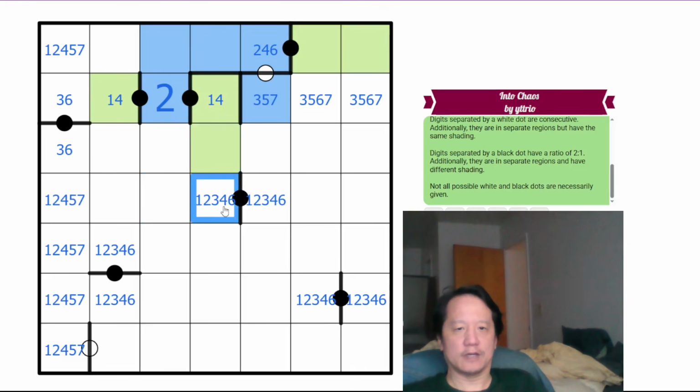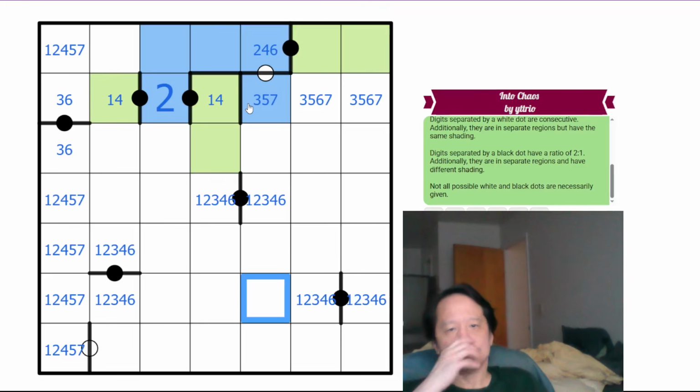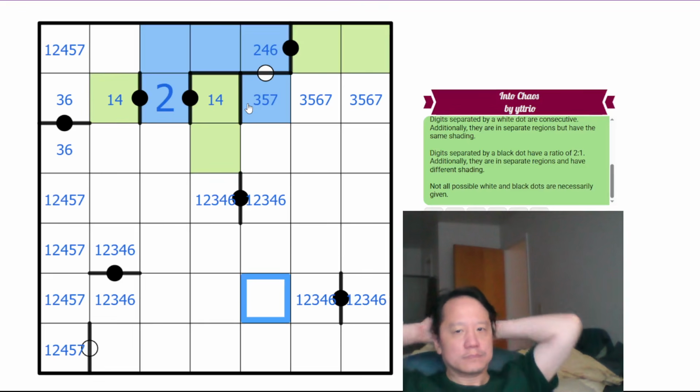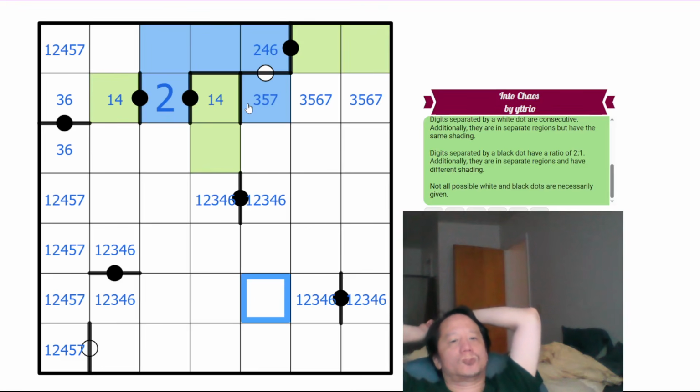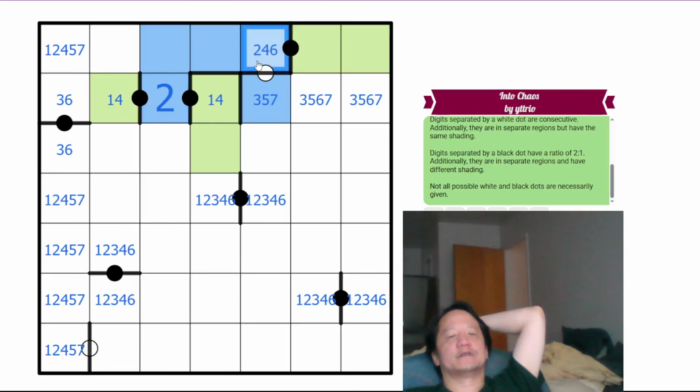Green has to orthogonally connect out to the rest of the greens. So this is guaranteed to be in the same region as this because we don't have any other way to go.